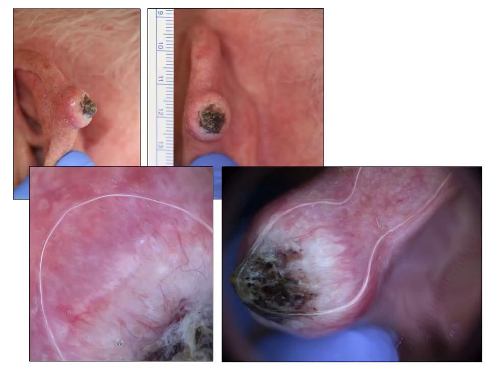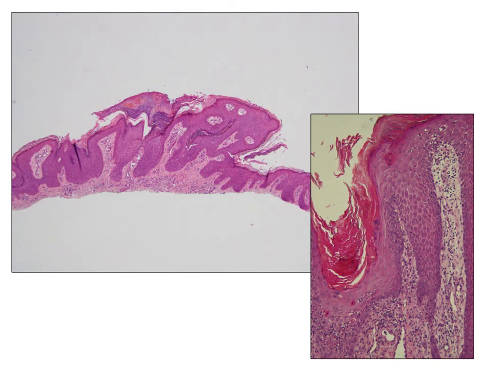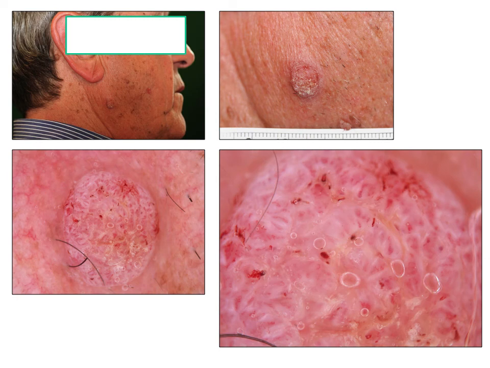Again, arborizing vessels. But if we have a more keratotic type of squamous cell carcinoma, then the vessels observed will be mostly the vessels of the papillae. If the papillae are long, we will have hairpin-like vessels, and if they are not so thick, then we will have glomerular vessels, and often the two are associated within one lesion, and this also depends on the angle of observation of the tumor.